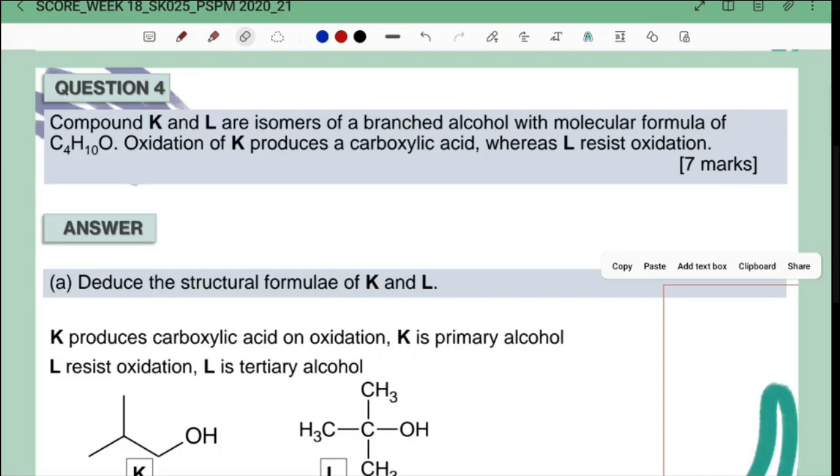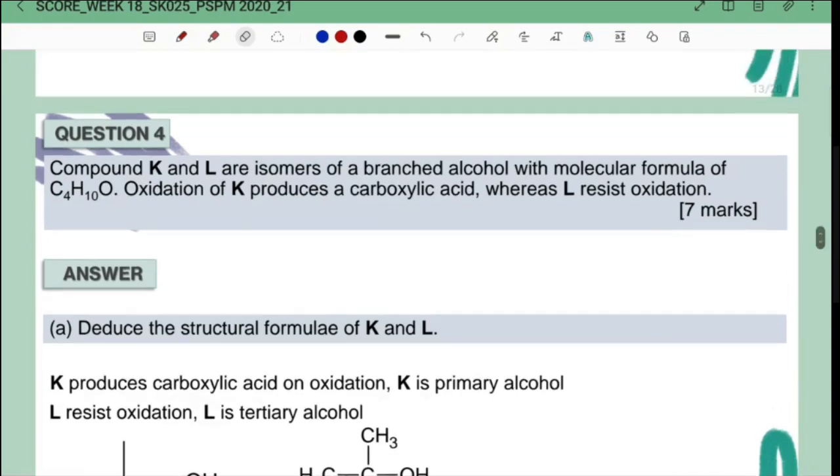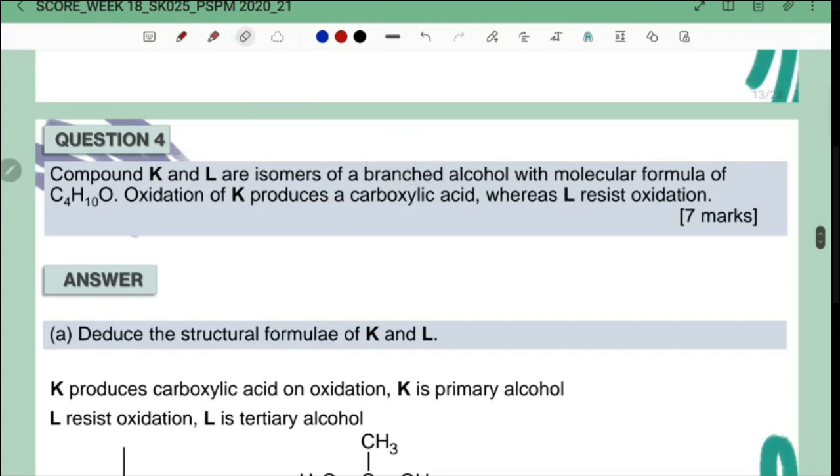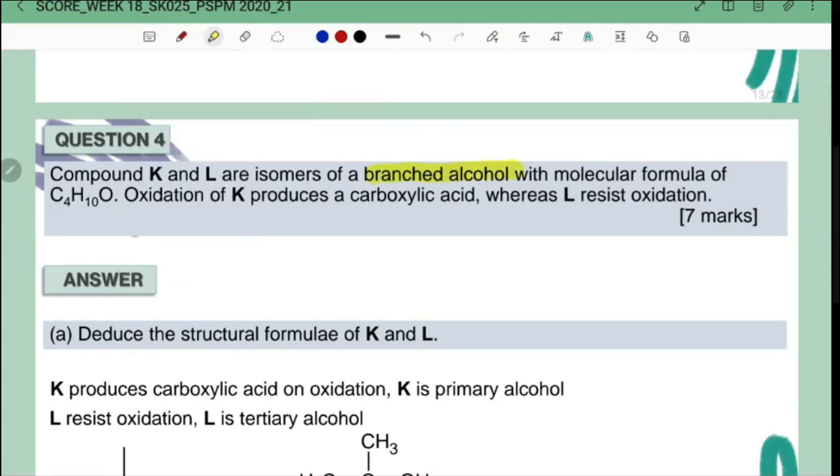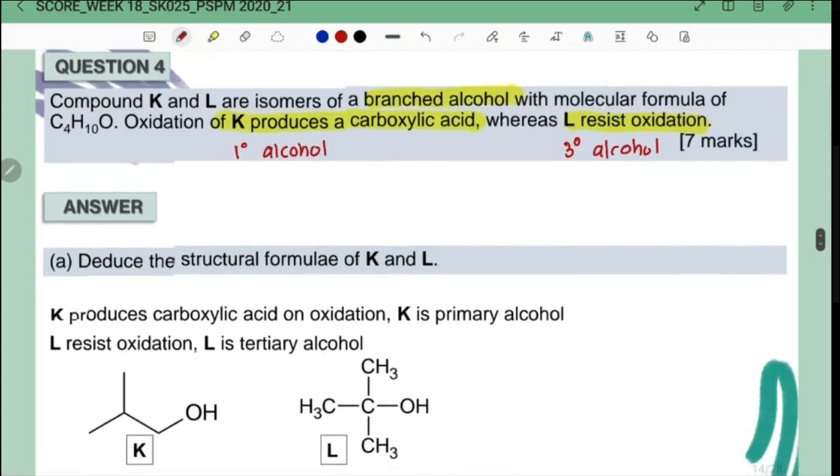After hydrocarbon and haloalkane comes alcohol, so K and L are branched alcohols, as the question already tells us. Oxidation of K produces carboxylic acid, L resists oxidation, so L must be a tertiary alcohol. K should be a primary alcohol, but both are branched. Deduce the structural formula of K and L.